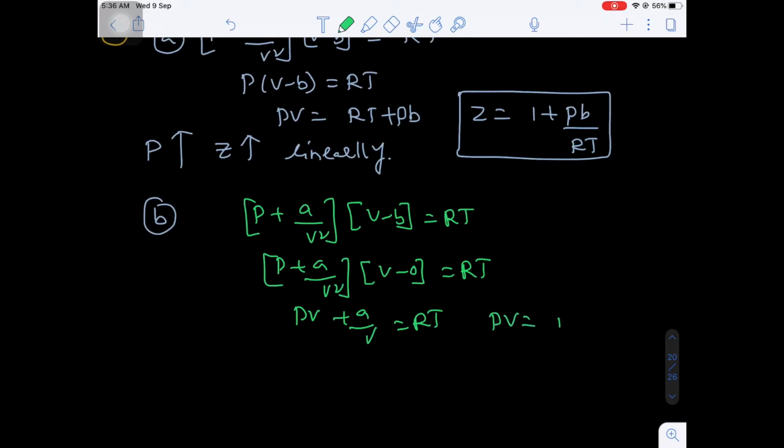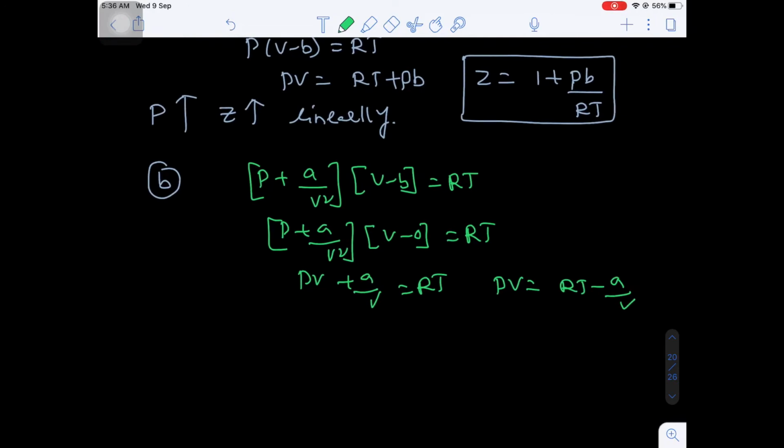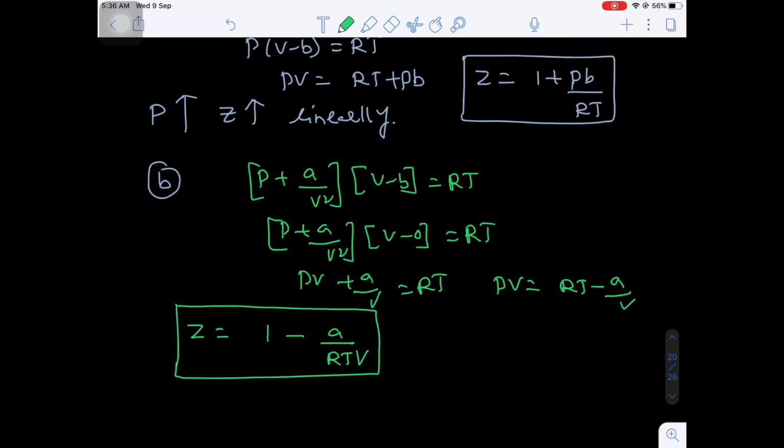So PV plus A by V equal to RT. So from here PV is equal to RT minus A by V. Dividing RT on both sides, the left side PV by RT is nothing but the compressibility factor. On the right side, RT by RT is 1 minus A by RTV. Now if you see in this expression, is there any pressure term?